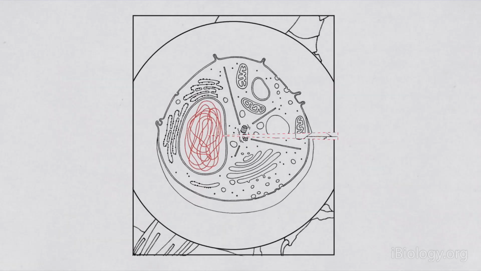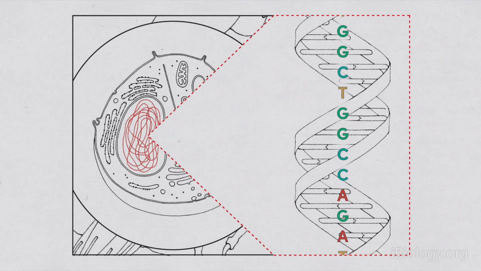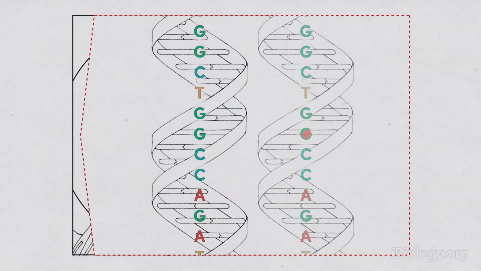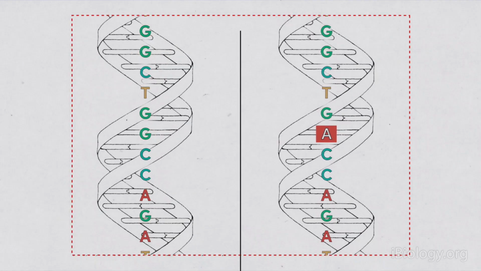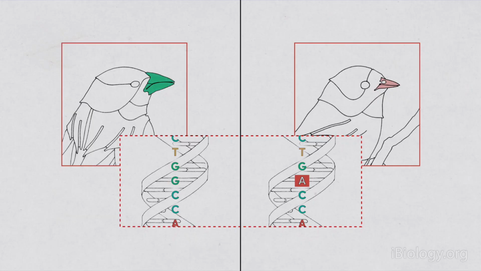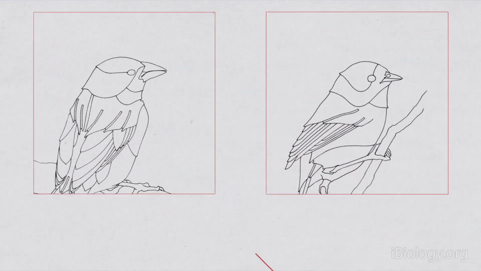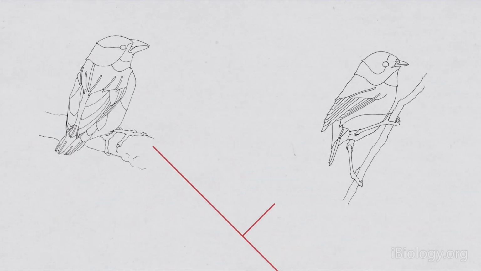The evolution of new species begins with mutations in DNA. These mutations can change genes, which in turn can change the physical traits of organisms. Sometimes, when an organism passes these genetic changes to their offspring, it can cause a new species to emerge.